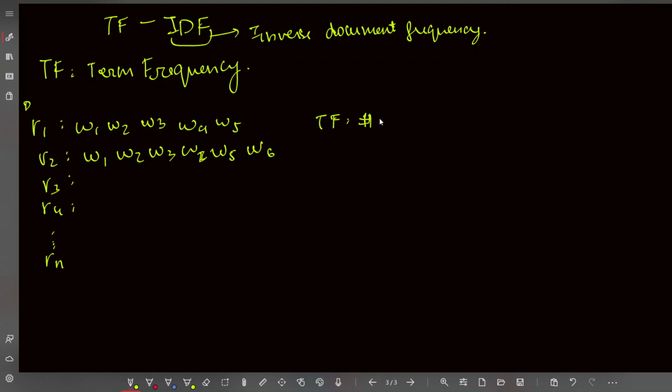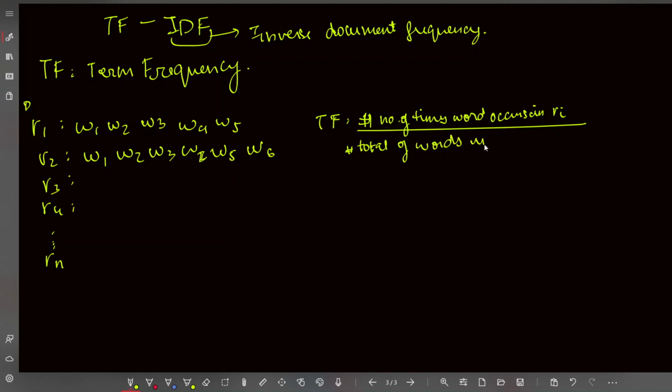So term frequency, the formula is given by the number of times the word occurs in some review Ri upon the total number of words in review Ri, okay?